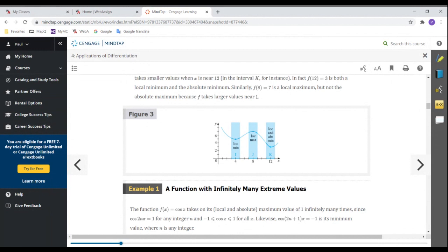But x equals 12 is going to be a local and absolute minimum, because the function after x equals 12 in figure 3 is going to rise, based on what they're showing. I want to keep things simple.